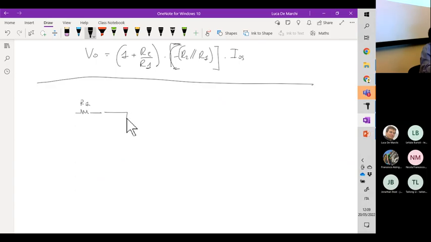R1 and R2 in the top branch. And in principle, we should have the same resistors also in the bottom branch.